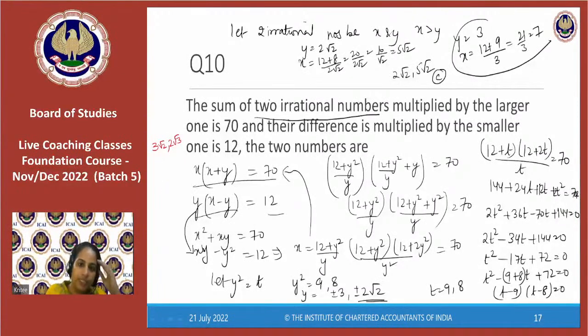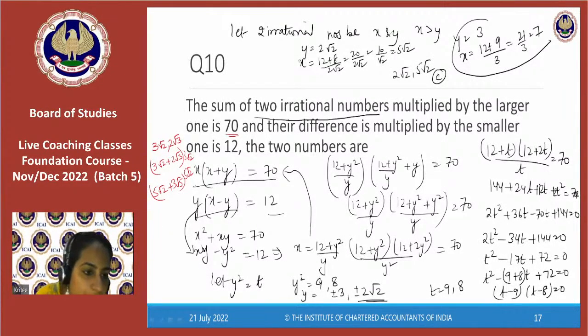It says sum of two irrational numbers multiplied by the larger one. When you are adding them and multiplying with the larger number, it is never going to give you 70. So the first option goes away. Second, 5 root 2 plus 3 root 5, being multiplied by 5 root 2.